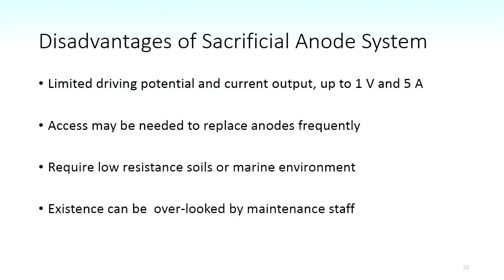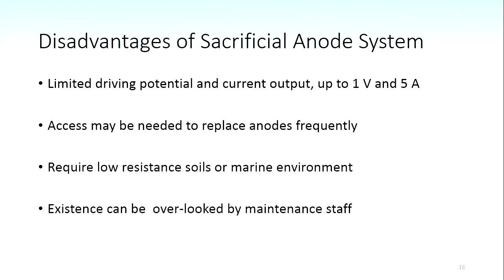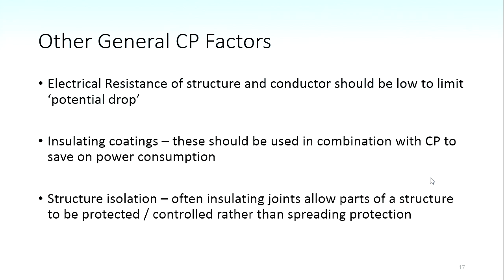So we've got I equals V over R, and if V isn't very big and R is big, then you can't get much current. So it's a problem for those systems, and they're actually better applied in the offshore situation or in highly conductive soils. So we talked about sacrificial anodes.